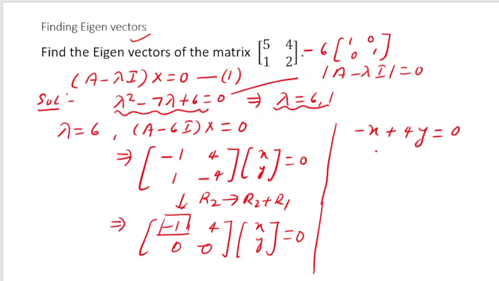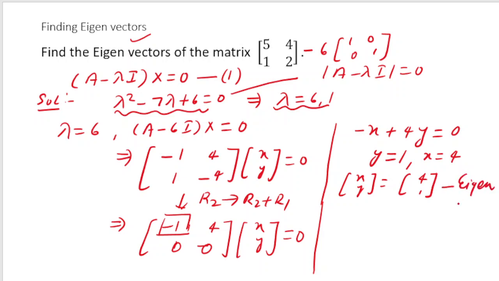So I am going to take y equal to 1. If I take y equal to 1, I will get x equal to 4. Yes or no? So I have got a vector xy which is equal to 4 1, right? This vector is known as the eigenvector corresponding to the eigenvalue lambda equal to 6.